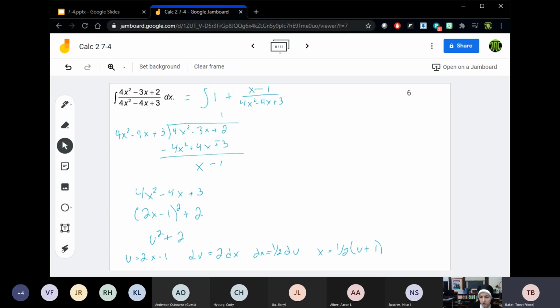All right, so questions about what I did there first before I plug it all into this integral? So this is just changing it to vertex form. Look that up. And then basically I replaced that 2x minus 1 with a u, so this way I can actually do the process that we're going to be working out.